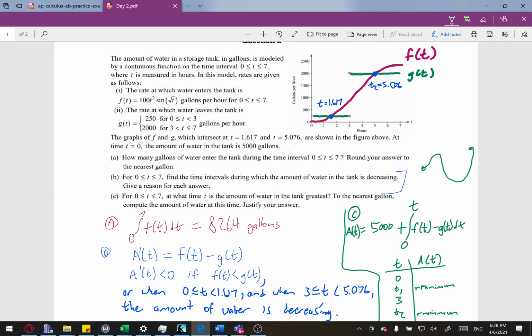Okay, so to test these, at t equals 3, this is going to be the integral from 0 to t of f(t) minus g(t). But g(t), when t is 3, is going to use our top part of our integral. So this will be 250 times t will give us our gallons per hour of g(t). So really, our amount at any time is going to be different whether I am before 3 or after 3. I'm going to write our amount as a piecewise function, so I'm going to rewrite this really quick, so you can see what's happening maybe.